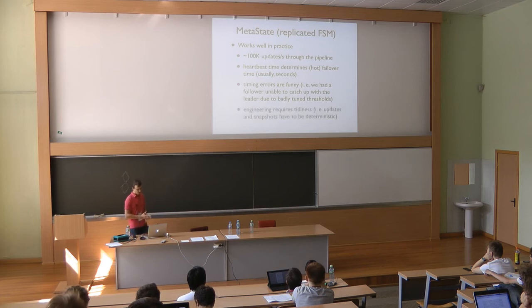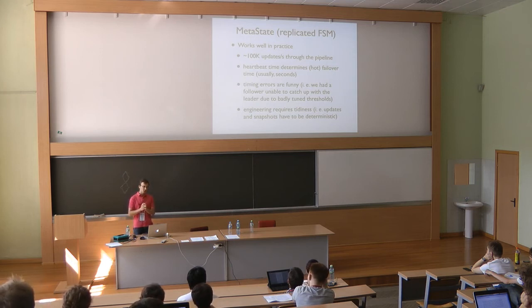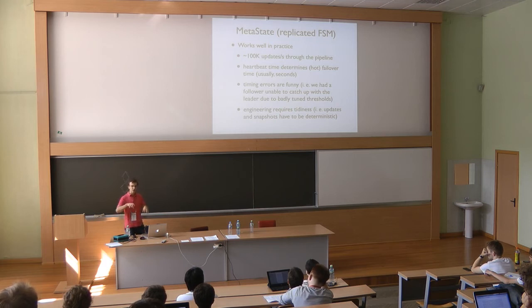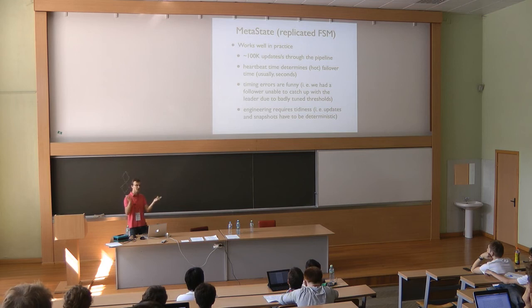If you think about engineering this kind of system, you should be quite tidy, because engineering such a system requires a lot of attention to detail. For example, while performing your state update, you cannot use a pseudo-random number generator, because if those generators are incoherent between the machines, you would end up with two different states.